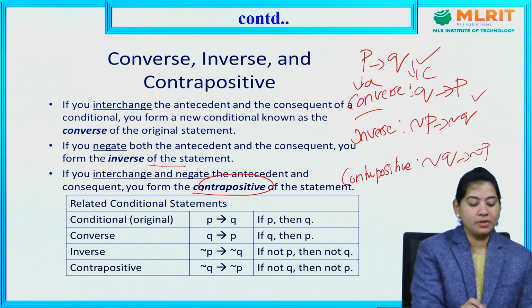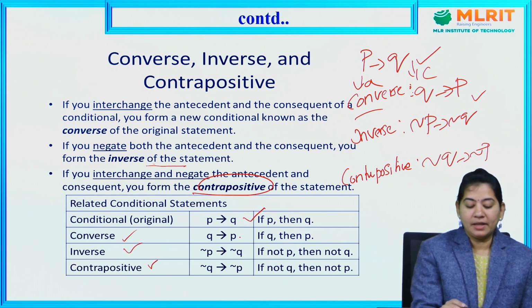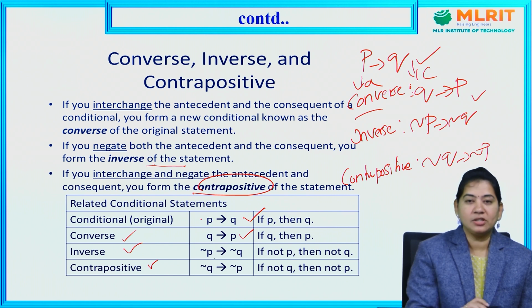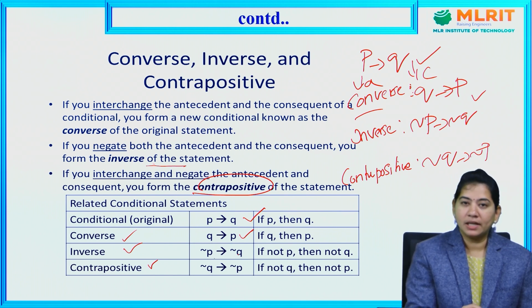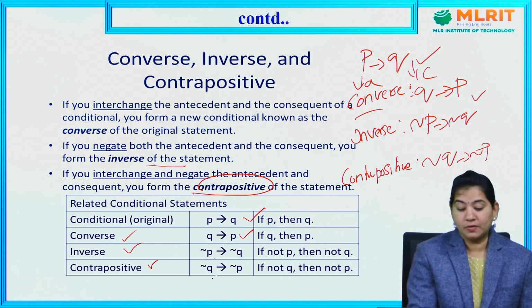If you observe the table here, we have conditional, converse, inverse and contrapositive. This is P implies Q. The converse is interchanging P and Q in the conditional statement. The inverse is applying negation to the conditional statement, negation P implies negation Q. And applying negation to the converse is called the contrapositive.